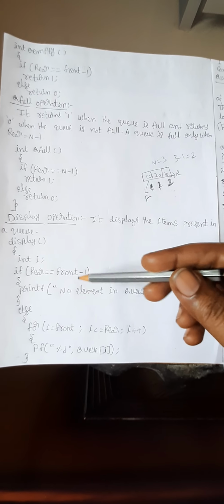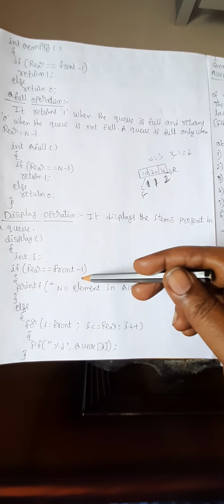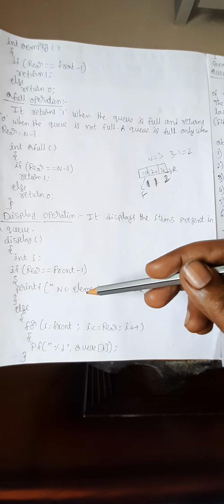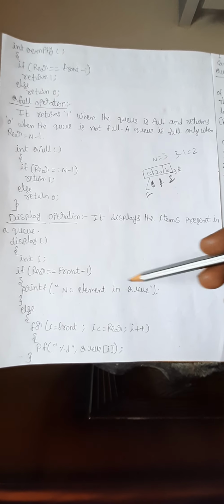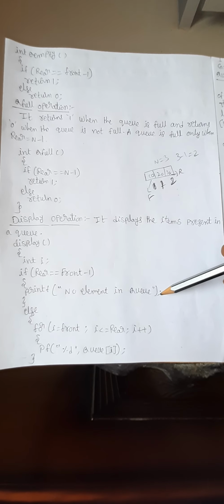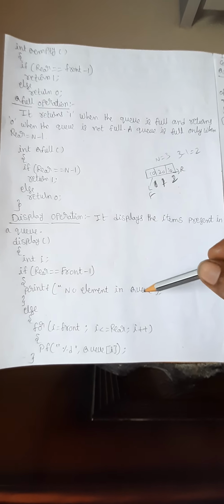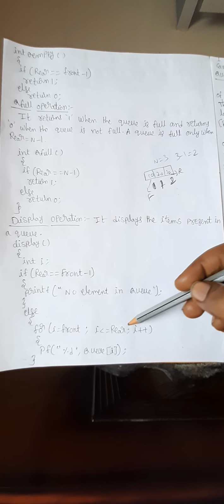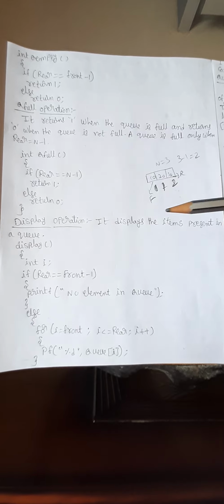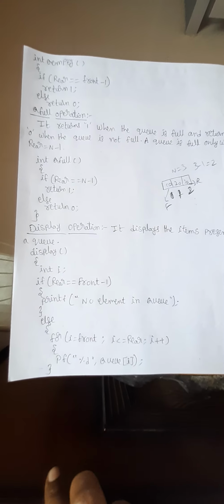For that we check the condition: if rear equals front minus 1, that means the rear value is minus 1, then there are no elements in the queue and we can't display anything. Otherwise, i equals front, i less than or equal to rear, i plus plus, it prints the elements from the queue, from the first element to the rear element.